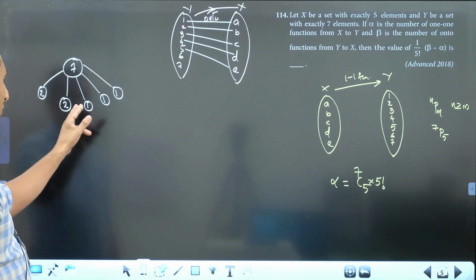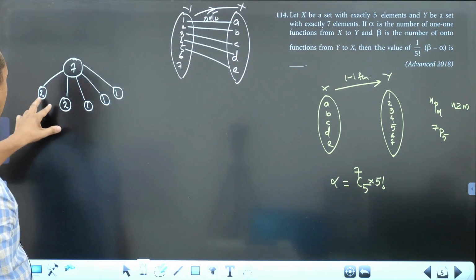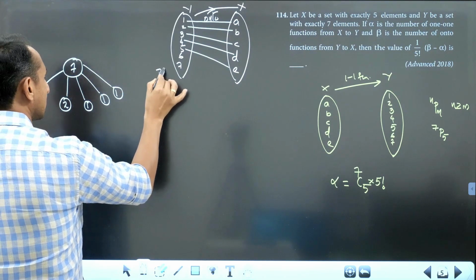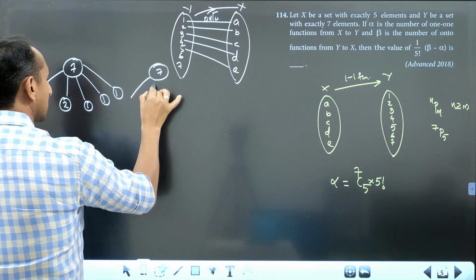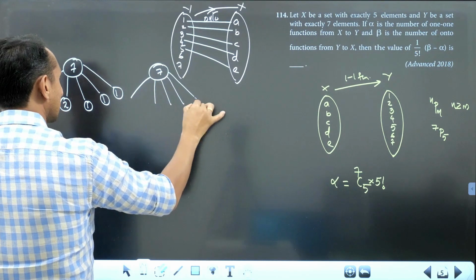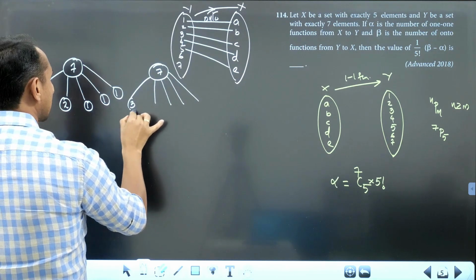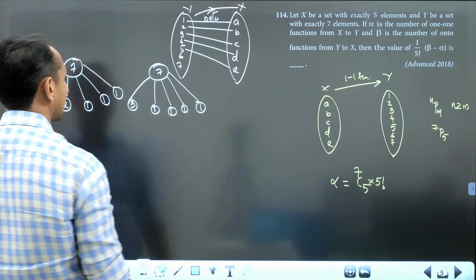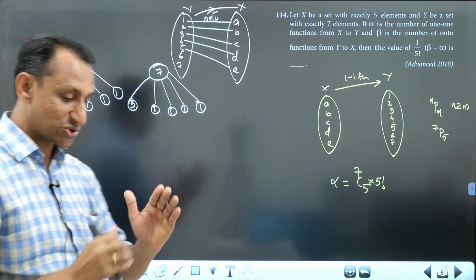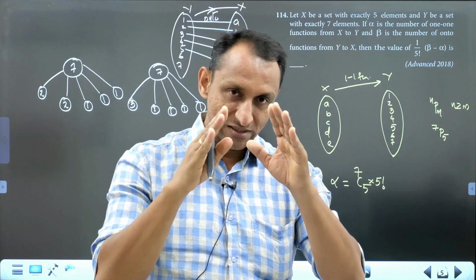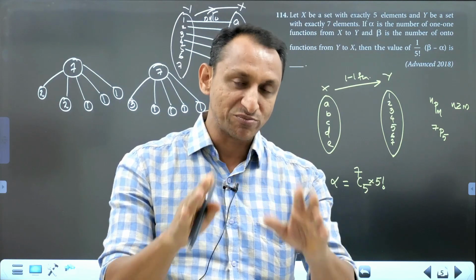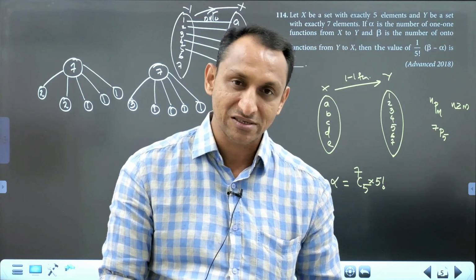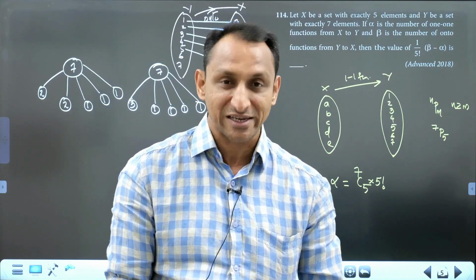Another is 3, 1, 1, 1, 1. These are the two ways to divide 7 distinct objects into 5 groups, each group containing at least one element because every element has an image.